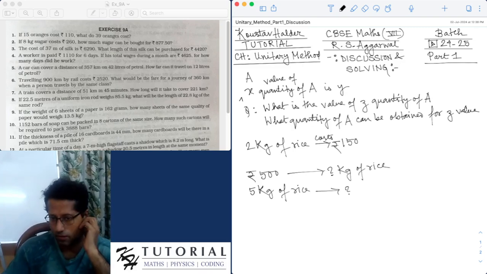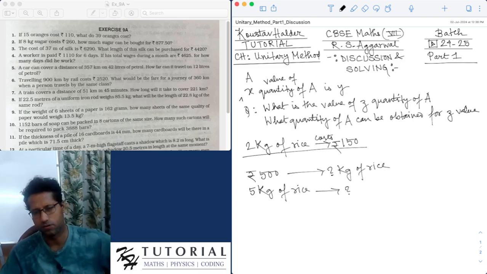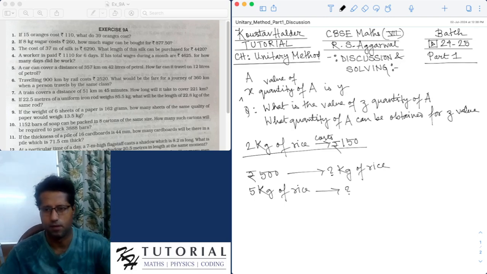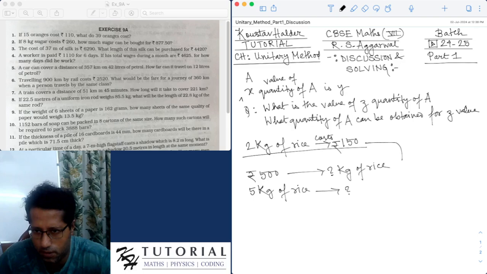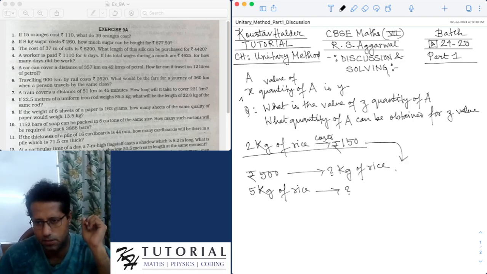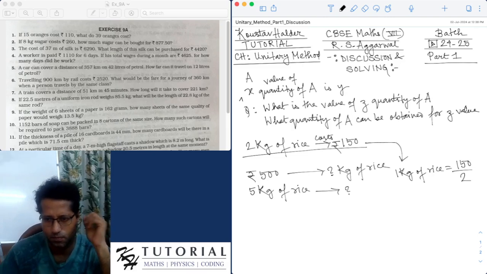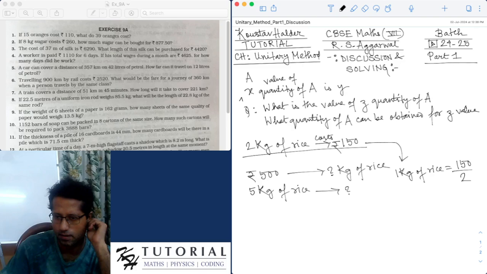For solving this kind of problem, this is the given fact: the cost of 2 kg of rice is rupees 150. From this, using unitary method, first you find the cost of 1 kg of rice. Since 2 kg of rice cost 150, 1 kg of rice will cost 150 by 2.